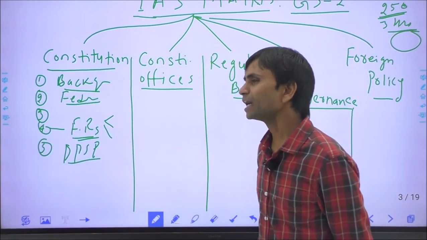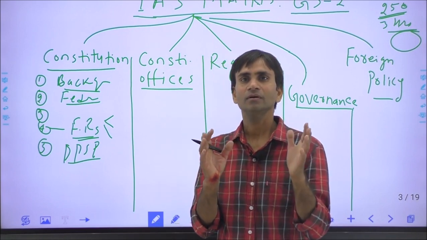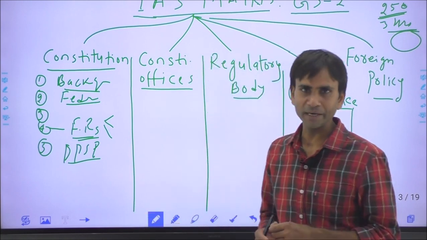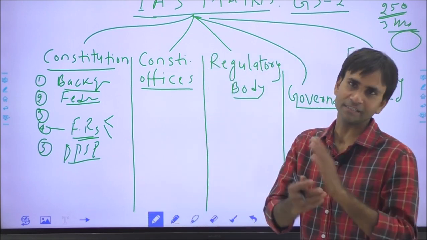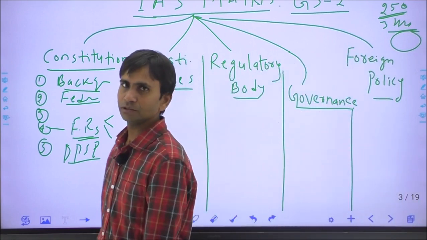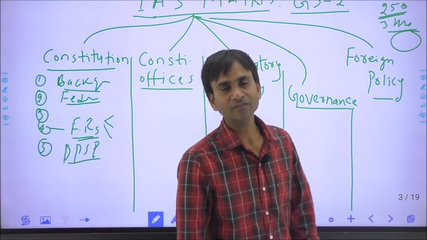And the second thing is that the DPSP provides the ideals of our constitution makers. One is that India must be a welfare state, and it is our moral duty to ensure India is a welfare state.